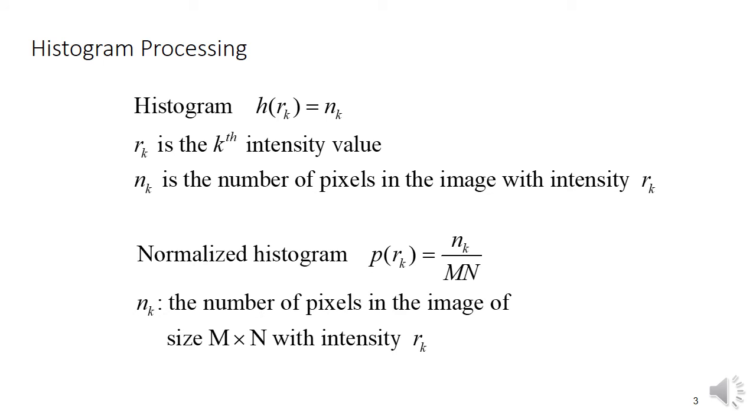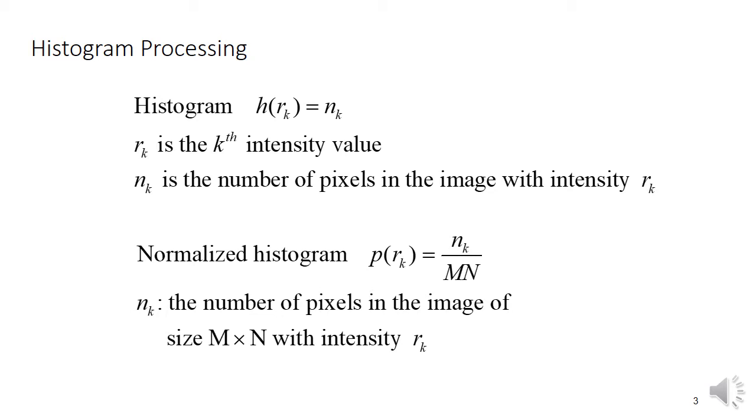Okay, we have another formula for a normalized histogram. The probability of rk, the randomly selected intensity value of a pixel in an image of size MN, would be nk divided by MN.